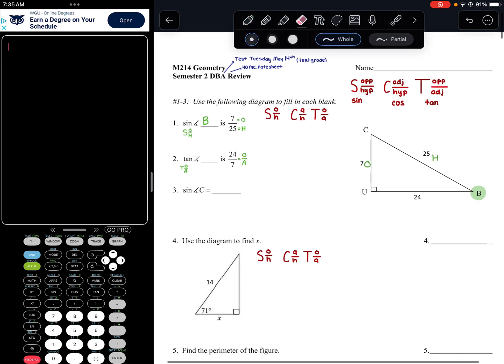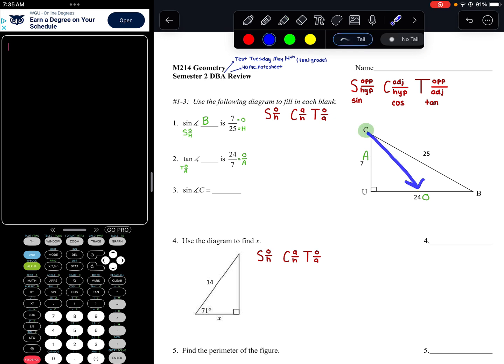Now we want to find out, okay, for which letter is 24 the opposite side and 7 the adjacent? Is it true for letter C, letter A, letter B? This would be true for letter C because given angle C, 24 is indeed the opposite side and 7 is indeed that adjacent or that touching side.